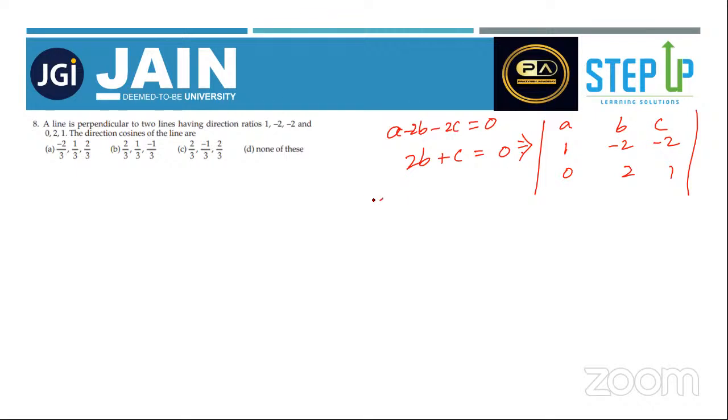A will be minus 2, and minus of minus will become plus 4. B will be minus 1, and C will be 2. So here we get a as 2, b as minus 1, c as 2.